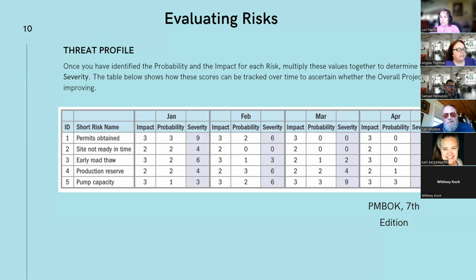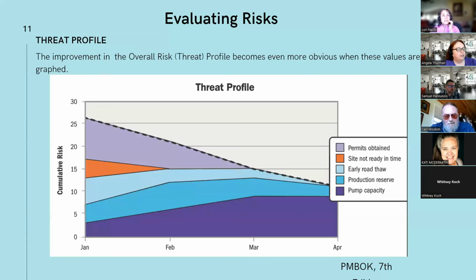So taking the numbers that you calculate, and you can see that you can calculate these month over month, you can begin to create a timeline and graph these, and this sort of visual shows you how the threat profile is reduced over time.